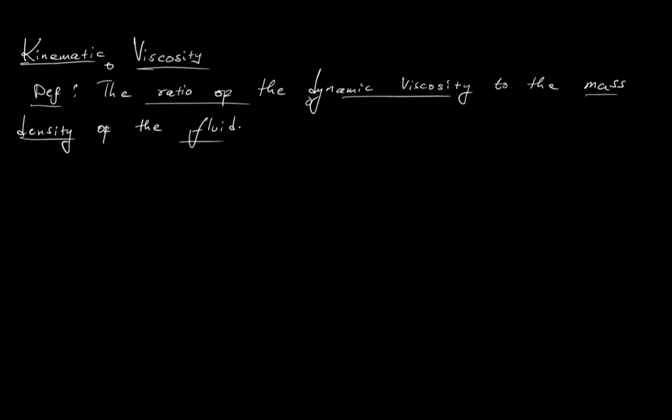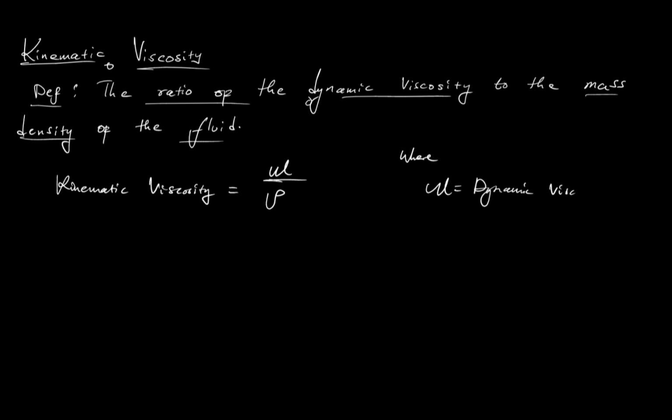So, kinematic viscosity is equal to the fluid dynamic viscosity, mu, divided by the mass density of the fluid, where mu is the dynamic viscosity and rho is the mass density.